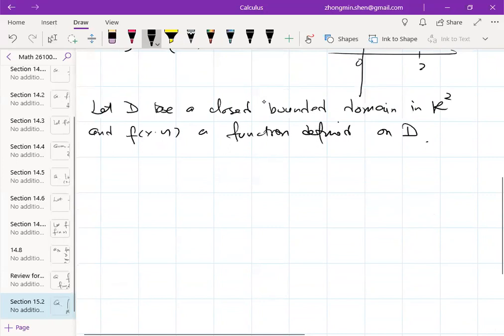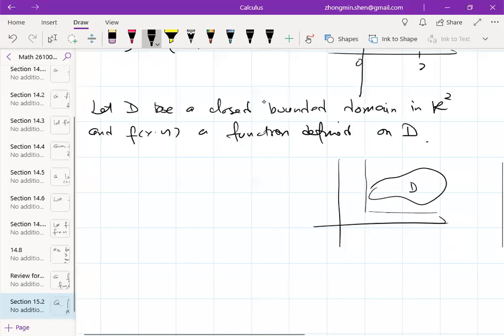So what I'm going to do, given this arbitrary D, is use a rectangular domain to cover it, and then I extend the function in the following way.